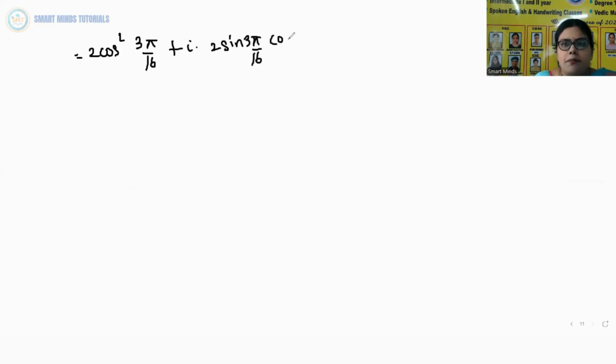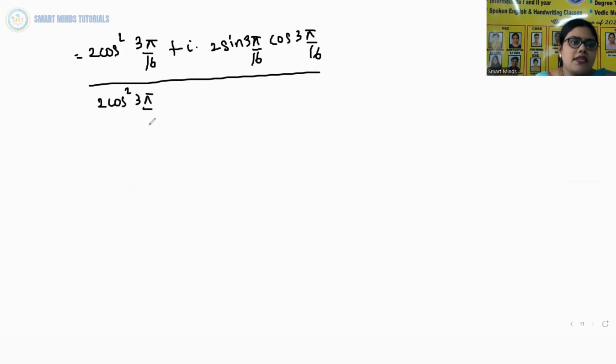Now you can see how we can write it: (2 cos²(3π/16) + i 2 sin(3π/16) cos(3π/16)) / (2 cos²(3π/16) − i 2 sin(3π/16) cos(3π/16)).